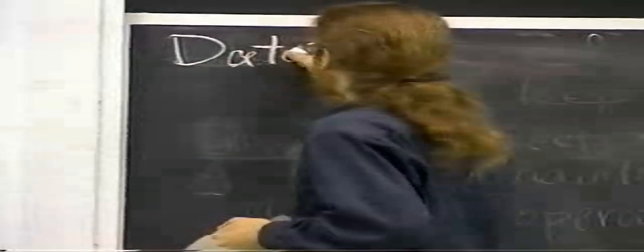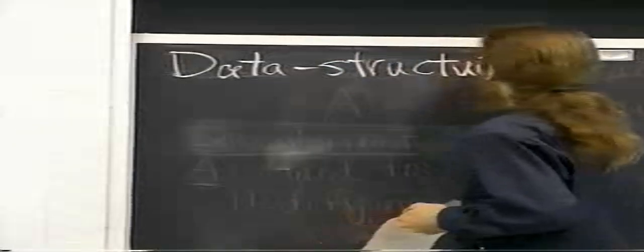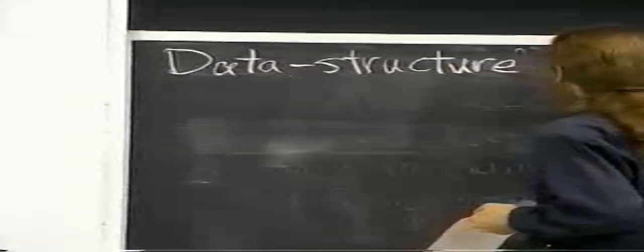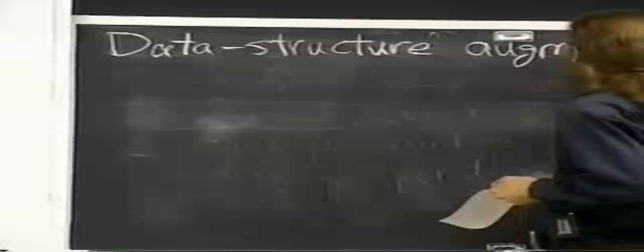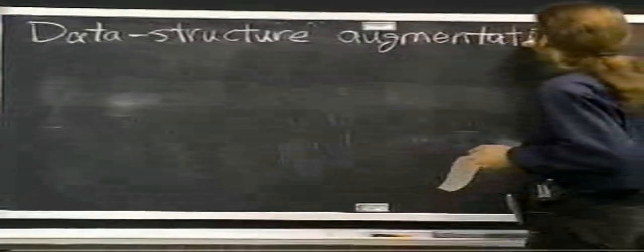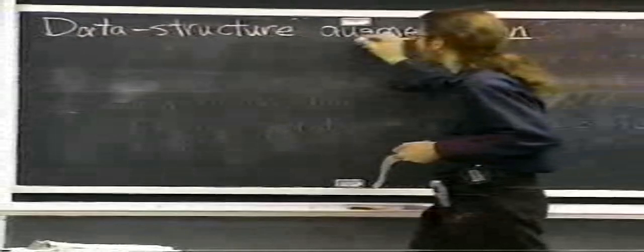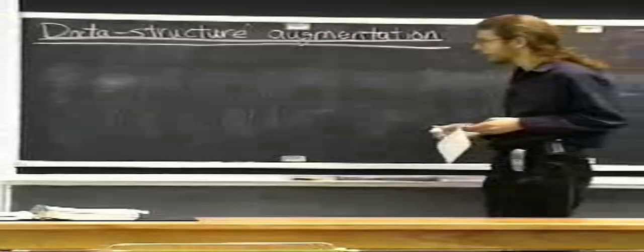And this kind of data structure that we developed is an example of a more general principle called augmentation. So let me tell you what the general principle is, because it's really useful. This is sort of a major technique for designing data structures, because it's usually a lot easier than building a data structure from scratch.